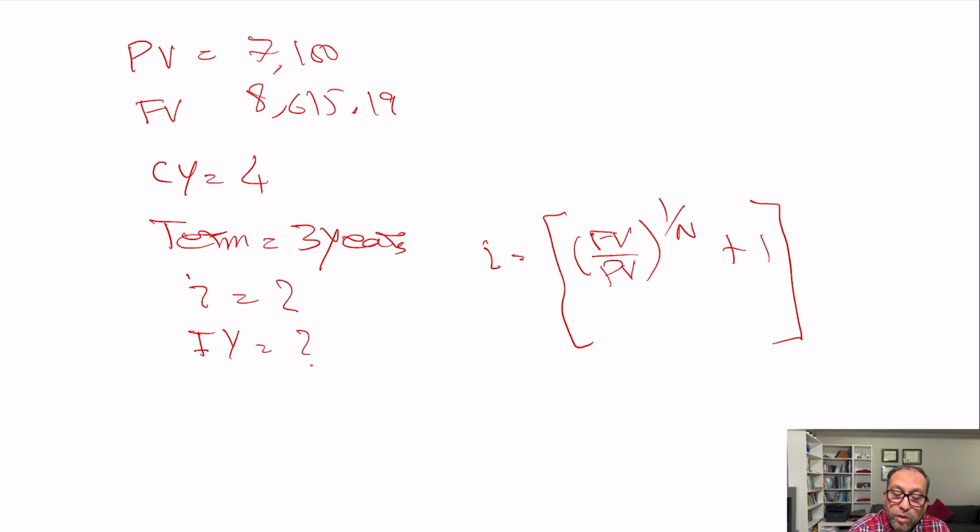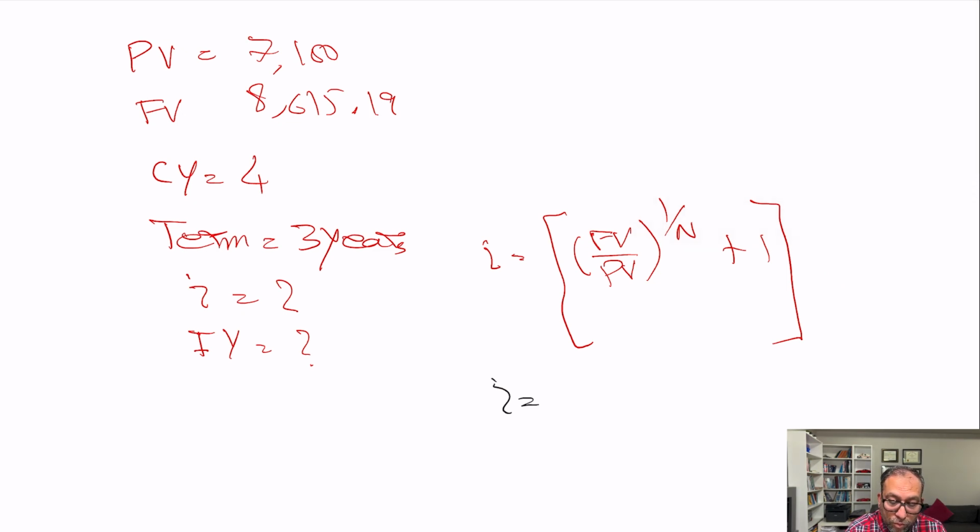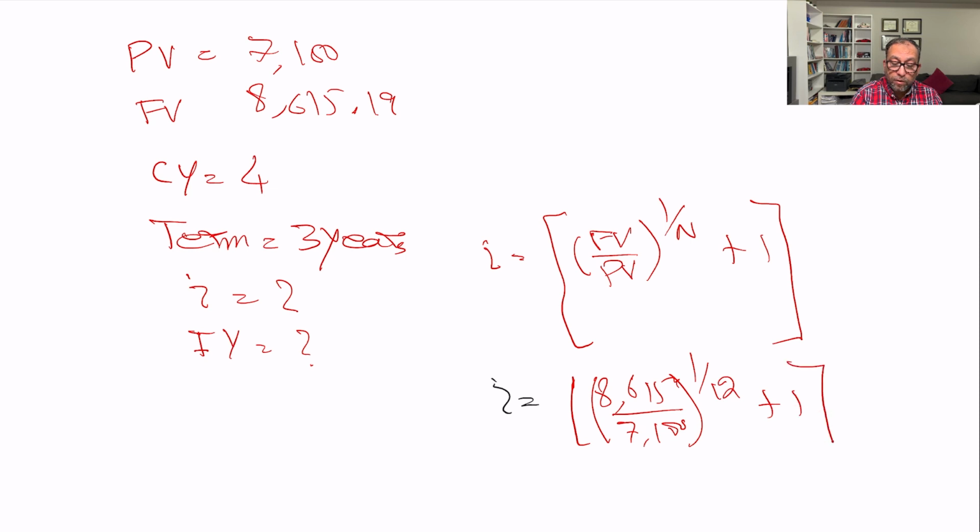So in this case, I is equal to 8,615 divided by 7,100, exponential 1 by 12, minus 1, right?